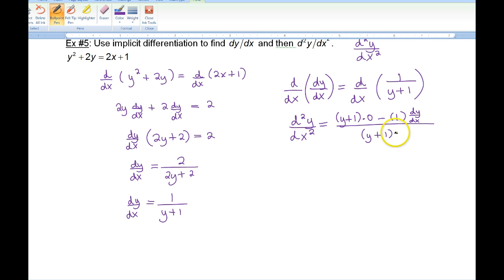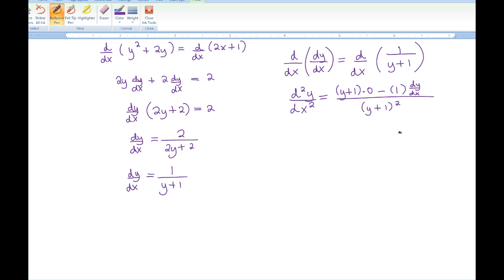Cross the line and square the low. Good so far? Questions with that step? Now that first term just ends up being 0. So I really have a negative dy dx over y plus 1 squared.